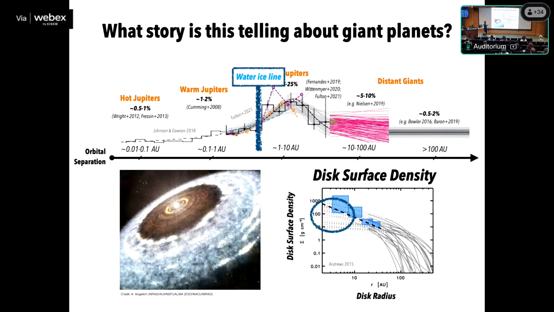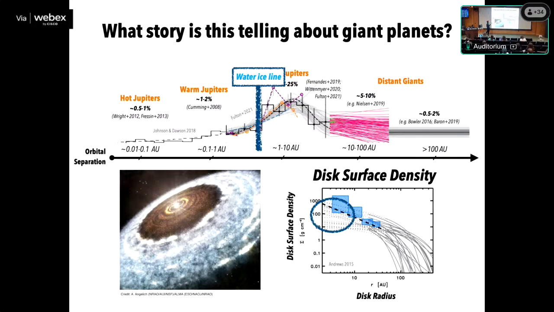But there's also a water ice line, which for sun-like stars is a few AU. And so what we perhaps are beginning to see here is this combination of both a lower disk surface density, the fact that time is slowed down as you go to wider separations, orbital periods are longer, and it takes more time to grow cores to then accrete gas.